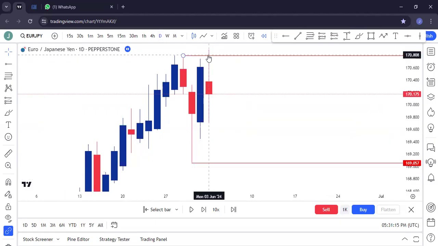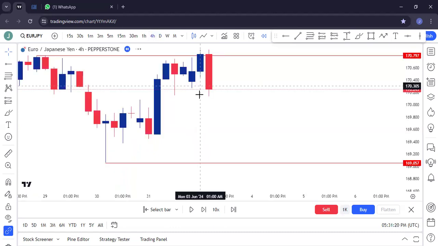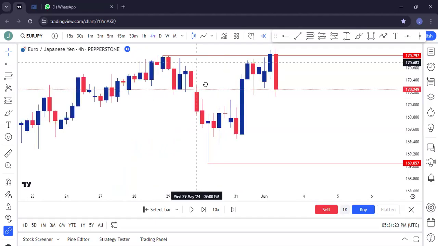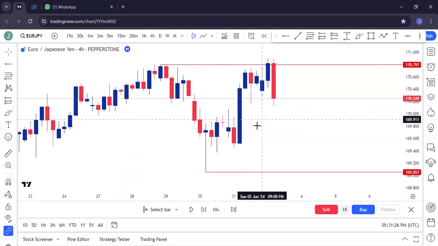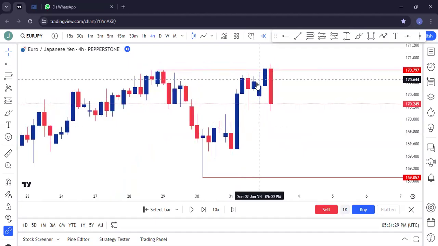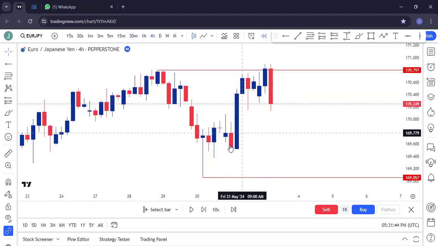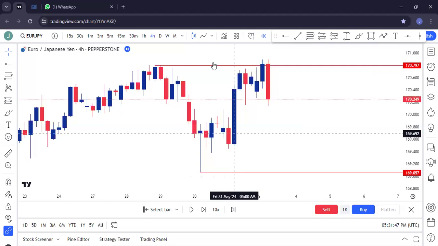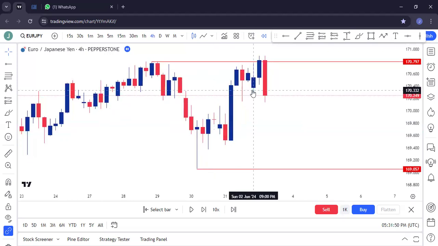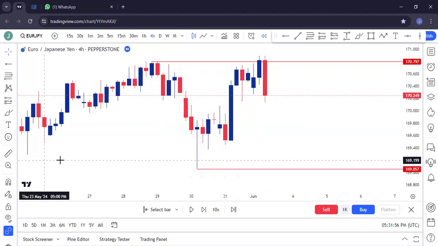If the FTA has failed to break, we go back now to our coordination time frame, 4-hour, and then we have to find change of character with inside formation to get us from here toward this low, to break this low, because now we know this price will never respect this area because the price has failed to break the FTA. So we have to position ourselves for sell entries in order to come and break this low.